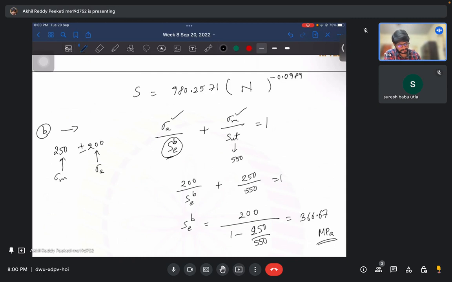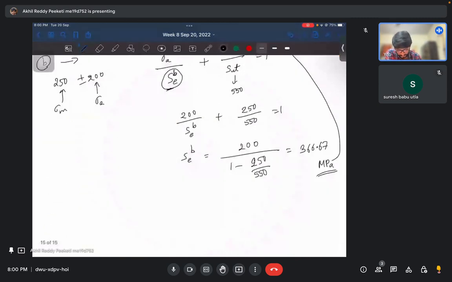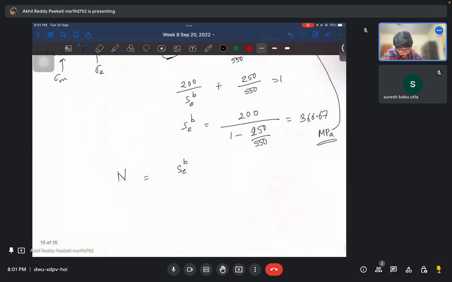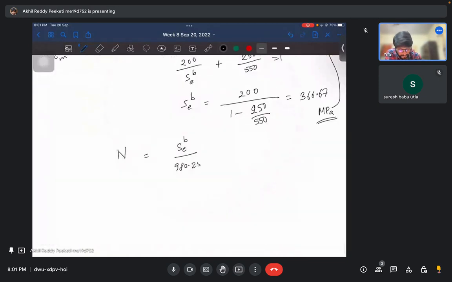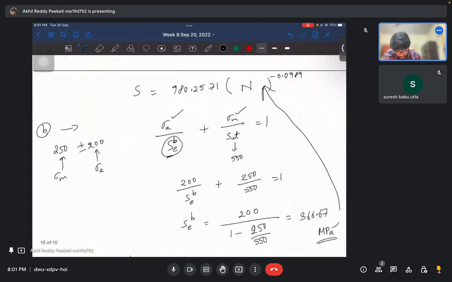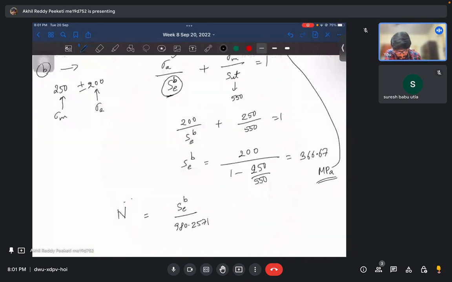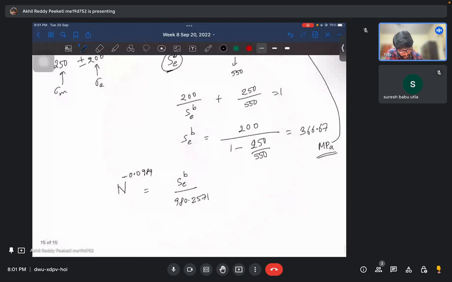Now you can use this directly here to get the N. So number of cycles would be Se by 980.2571 to the power minus 0.0989, okay. So 366.67 by 980.257.